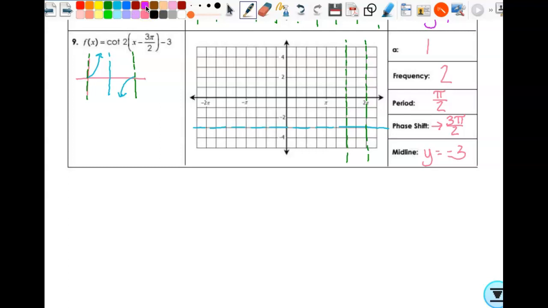Where tangent has an asymptote, cotangent has a 0. So halfway between these two, it is a midline 0, so it's right there. Be careful not to put it on the axis. Halfway between these two, I go up whatever A is, as long as there's not a reflection, so it's just 1. So I have 1 here and a -1 from the asymptote there. There are my 5 pieces. Then I repeat.